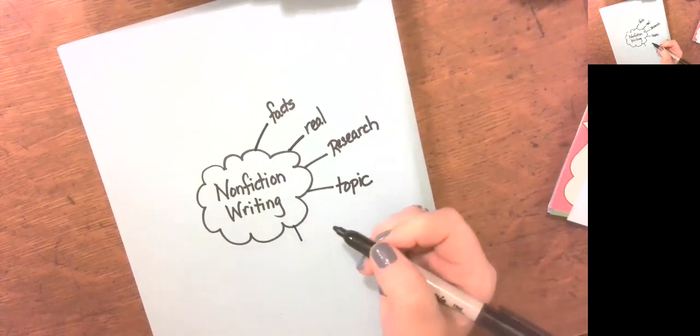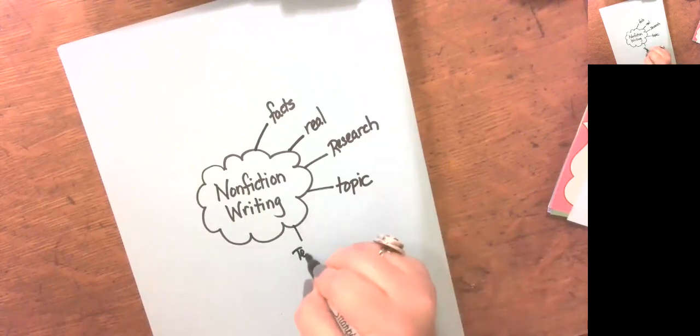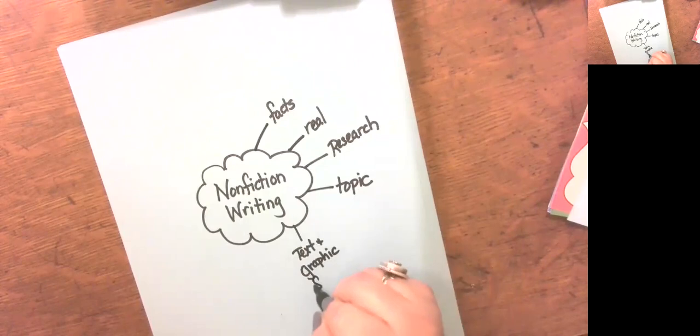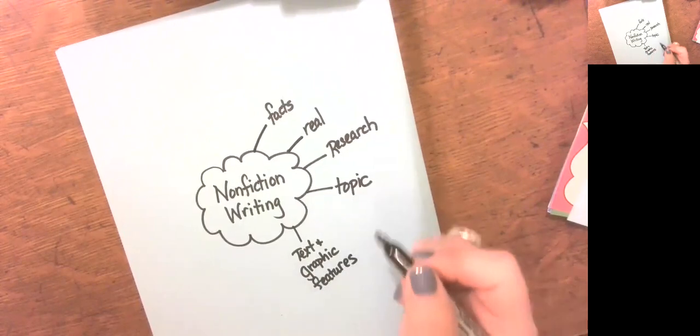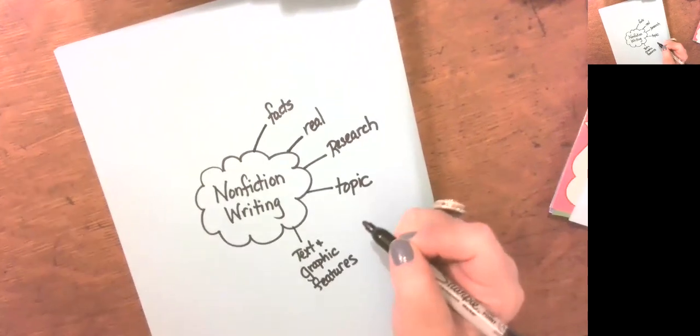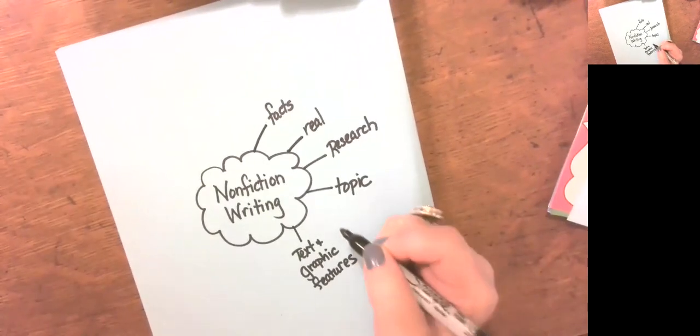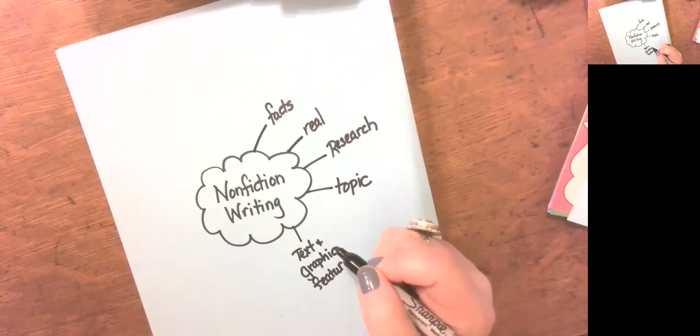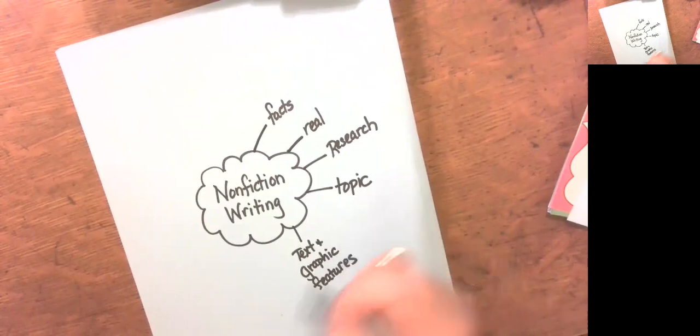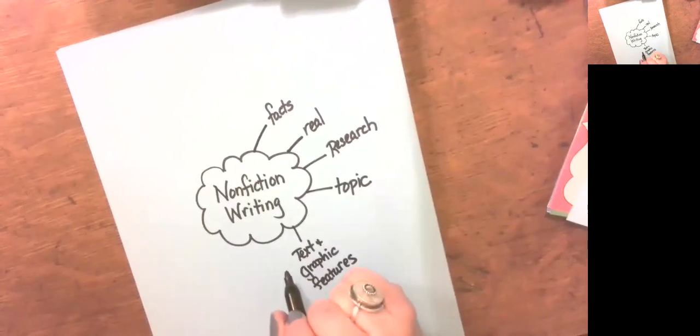I also think of text and graphic features. We've talked a lot about that this year. Text and graphic features, remember when we studied Gail Gibbons and Steve Jenkins? Those were the things in the nonfiction books that help the reader better understand and organize the text.